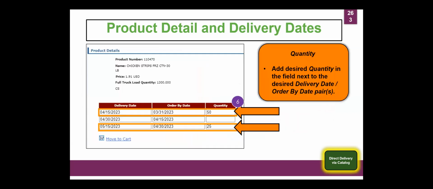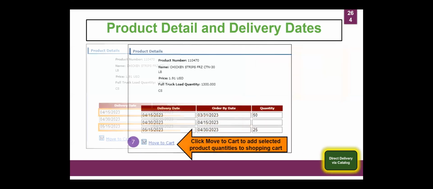So we're going to pick our dates that we would like to have these items run into the warehouse, and we're going to put in our quantities. Once you've entered in your quantity amount, you're going to move it to the cart.